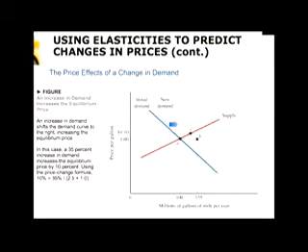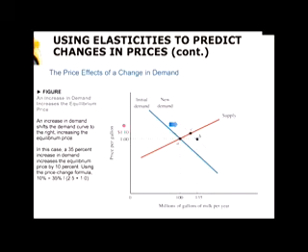Here's an example where we have an initial demand curve which shifts out to a new demand curve, and we have a supply curve. And now at the initial equilibrium, we can see that there was a price of $1 and a quantity of 100 million gallons, and we're looking at a market for milk here. As the demand curve shifts out, we can see that the price is going to go up to $1.10, and the quantity is going to go up as well.